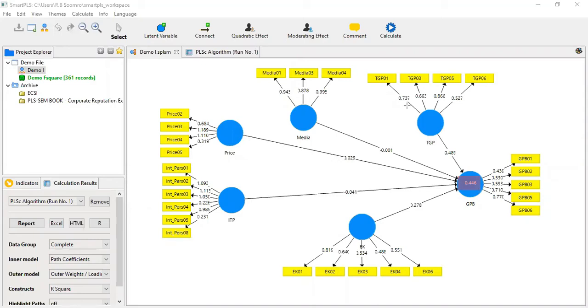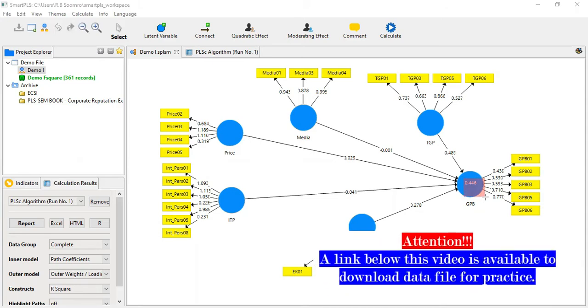Now, the contribution of trust on green products, trust media, price of the green product, interpersonal promotion and environmental knowledge, if we check combinedly the contribution of all independent variables in the dependent variable, is 0.446. Alternatively, we call 0.446 the explained variance, and some unexplained variance is also there.